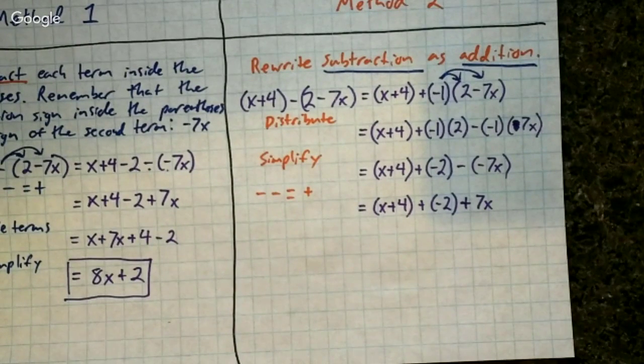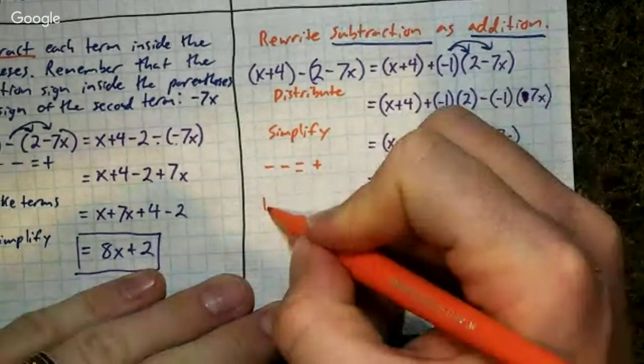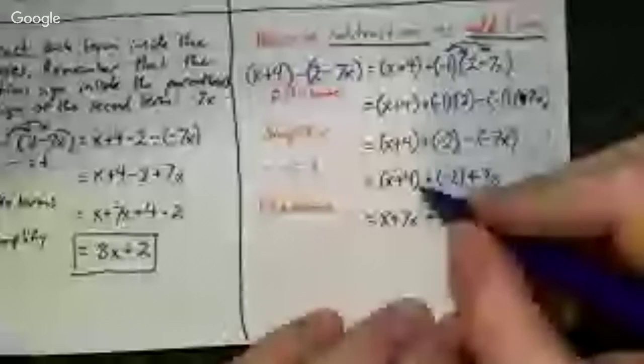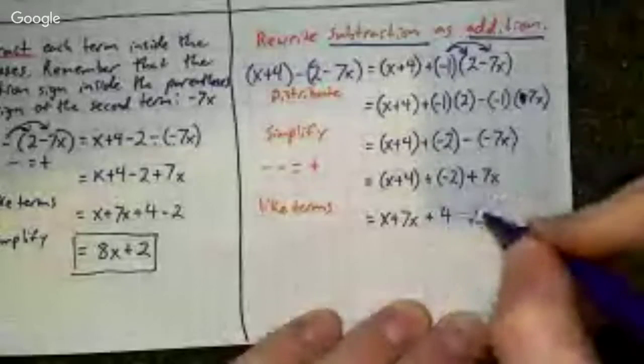Our next step would be, so our like terms here are 7x plus 4 minus 2.